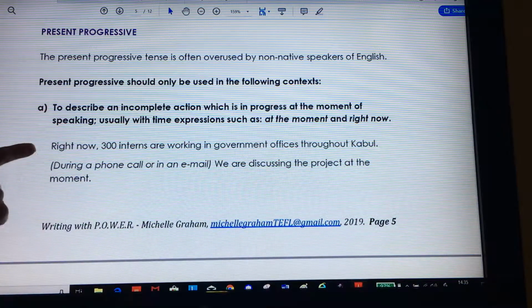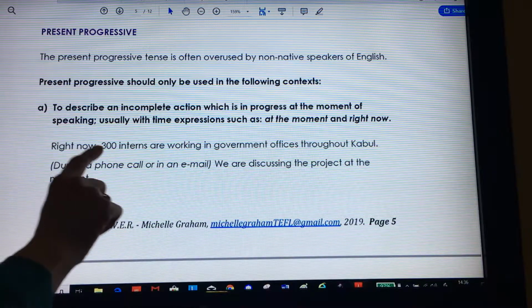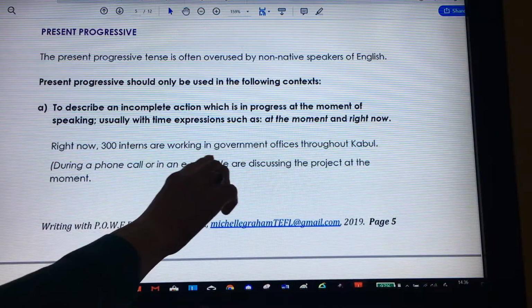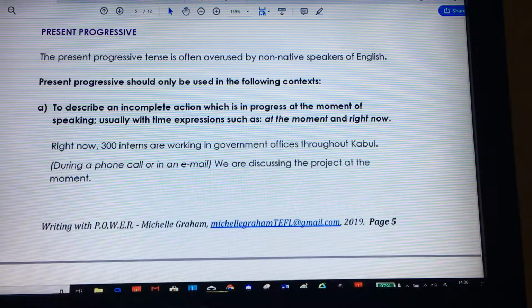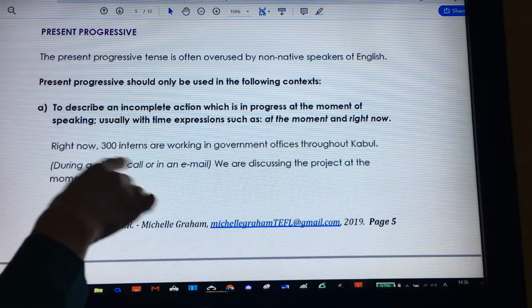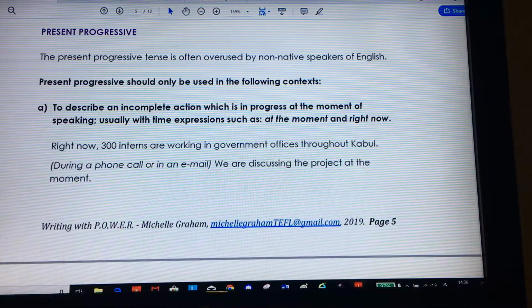So here's a good example of what kind of sentence you might be using in your report. Right now, 300 interns are working in government offices throughout Kabul. This is telling the reader that this is the current status of what is happening right now, and it's not complete. Maybe these interns will stop working at these government offices in the future. Maybe more interns will start working. So this is still an action that's in place that is incomplete.